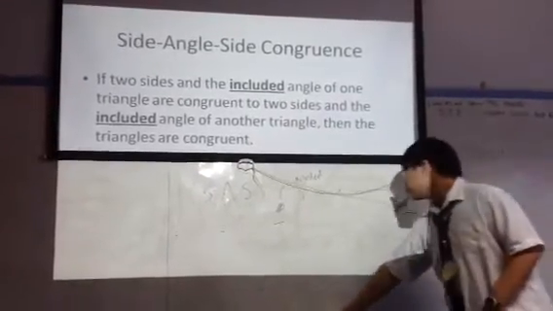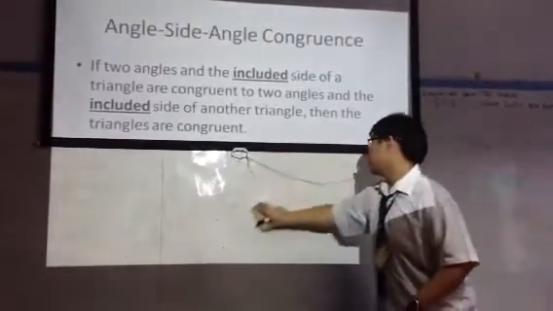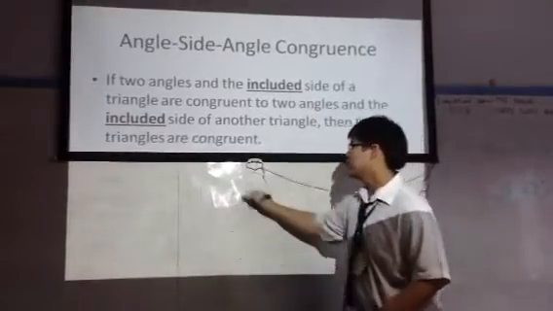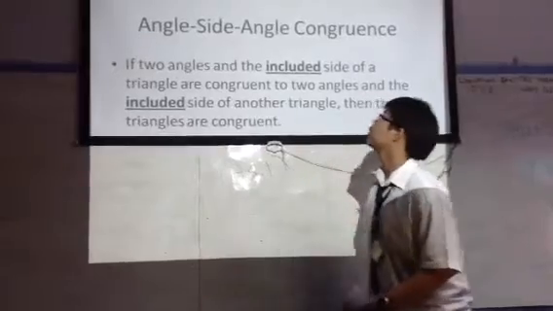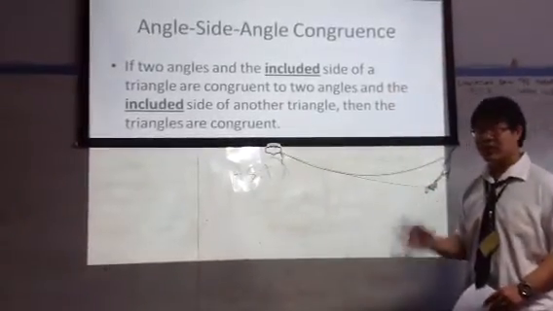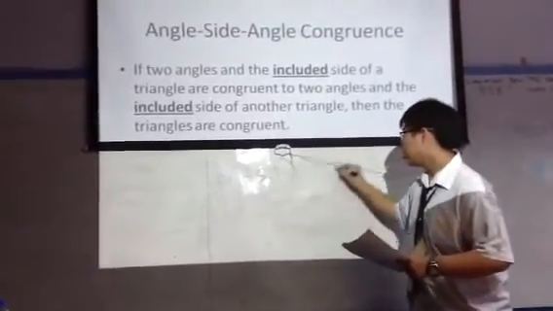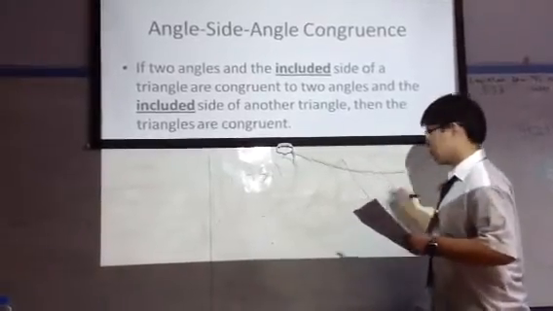Alright, so next would be another type of theorem. This is the angle side angle, the opposite. ASA, right? Now, if two angles and the included side, meaning again in between the two angles, are congruent with those of another triangle, then the triangles will be congruent.